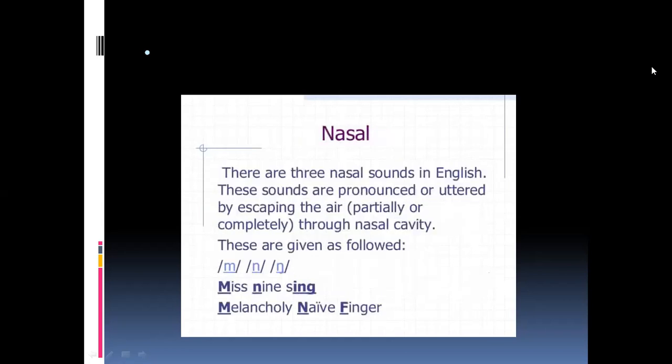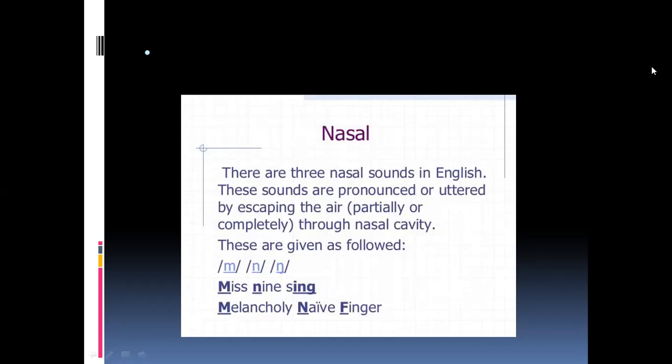Now next, nasal sounds. Especially there are two cavities while producing the sound. One is the oral cavity, another one is the nasal cavity. While producing the sound, the air comes from the lungs and goes through the nasal cavity. Then the sounds are produced. Such sounds are known as nasal sounds. Especially in English there are three nasal sounds.